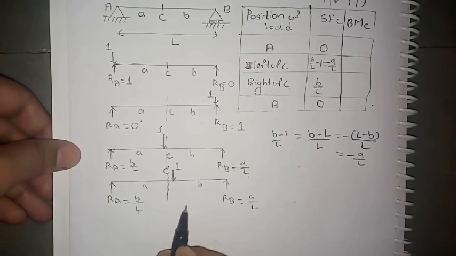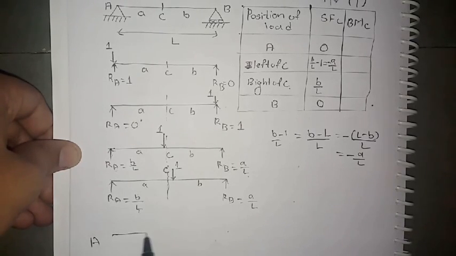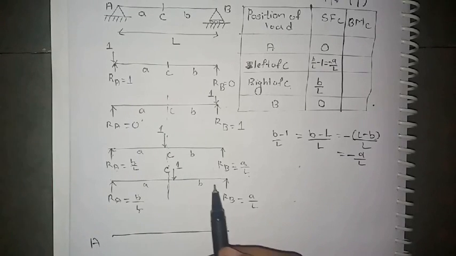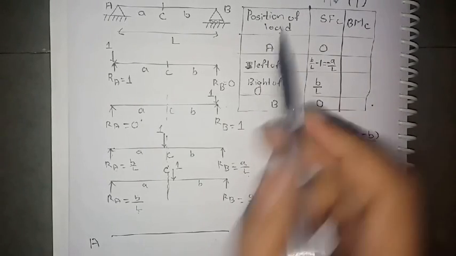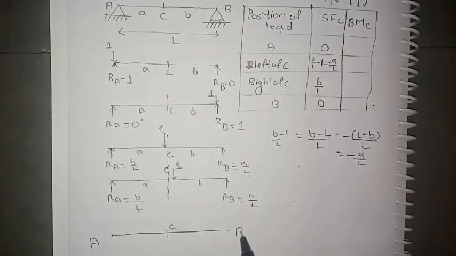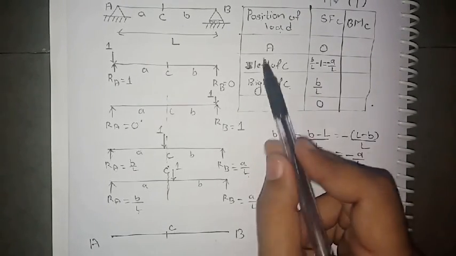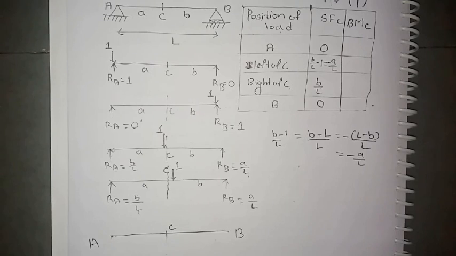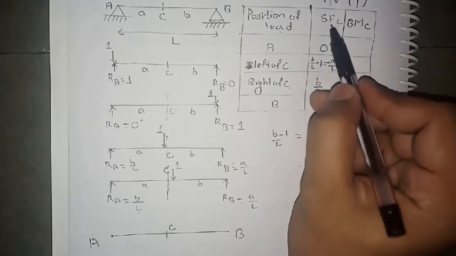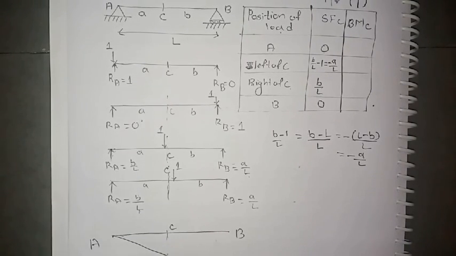Now we will draw the ILD for this simply supported beam. When the position of load is at A, shear force is equal to 0. When the load is just to the left of C, shear force is minus A by L, taken downwards.